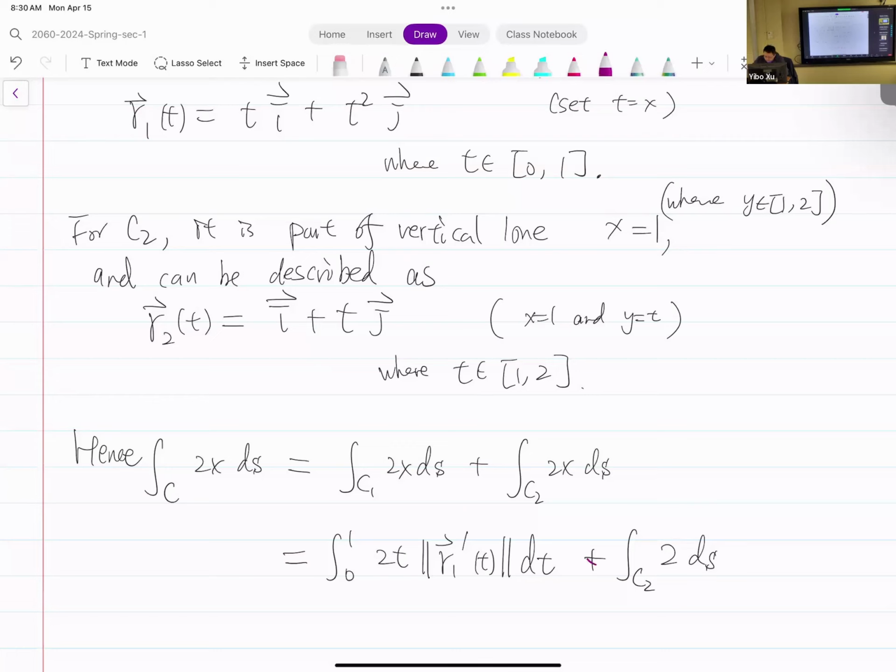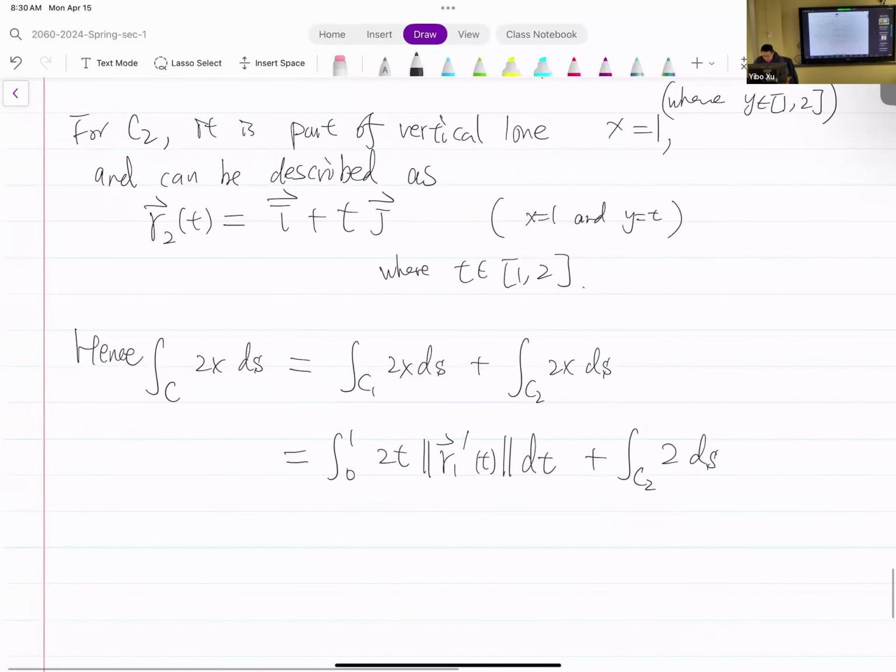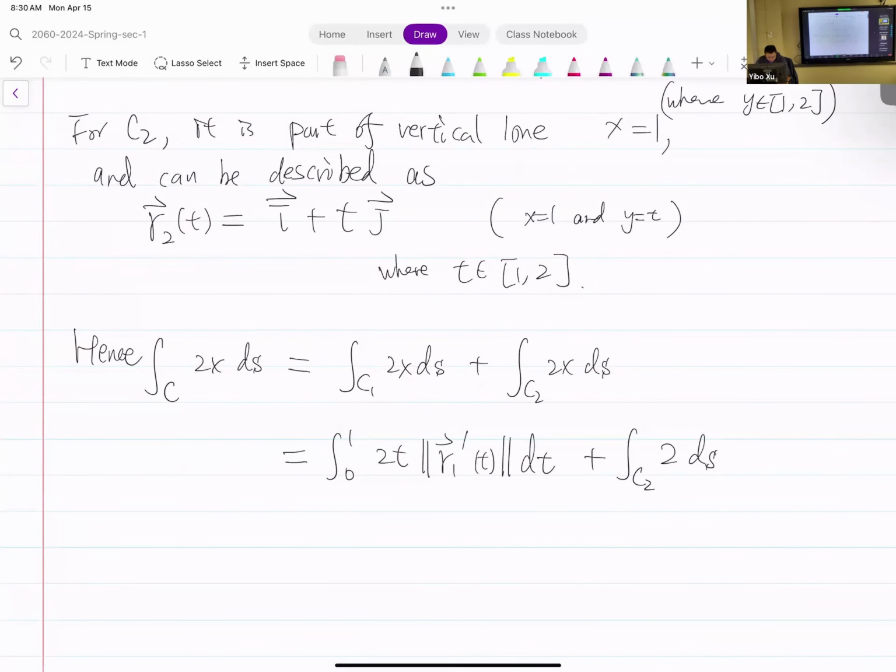And this integral is not going to be complicated because the x value is not changing. You're essentially accumulating a constant, right? If you pull this out, you will have 2 times the arc length of C2. And C2 is a line segment, so that's very straightforward. We don't even need to do further calculations there.